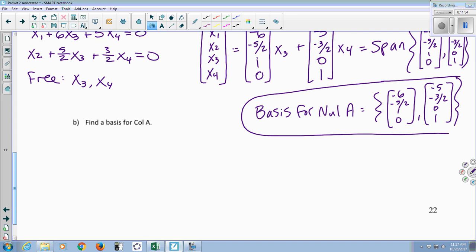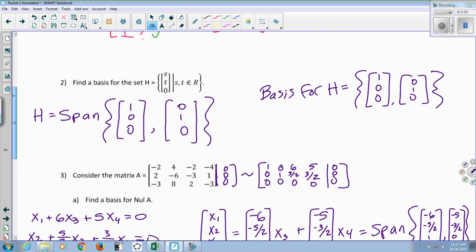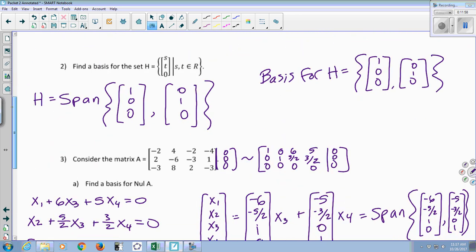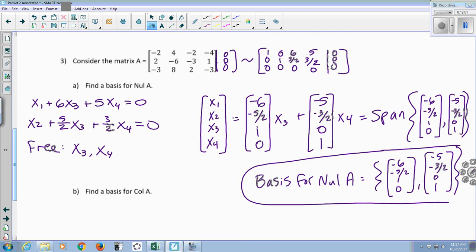So the way you do that is you identify the pivot columns of the matrix A. So by row reducing, I now know that column 1 and column 2 are the pivot columns, right? So all I need are column 1 and column 2 to span the column space.